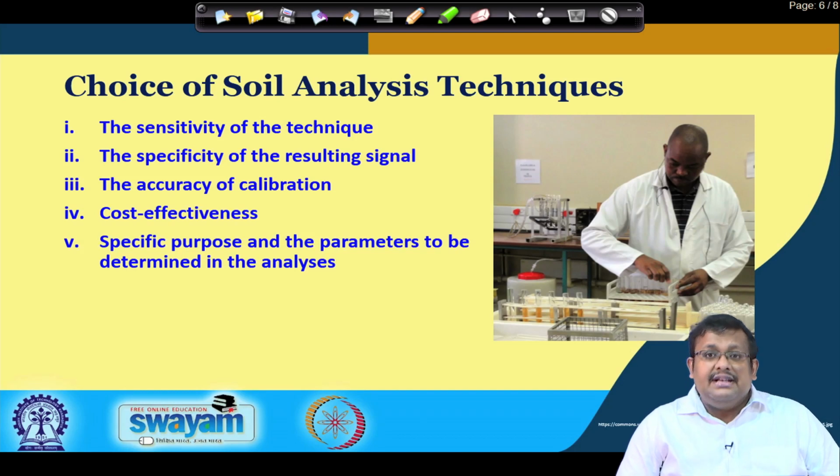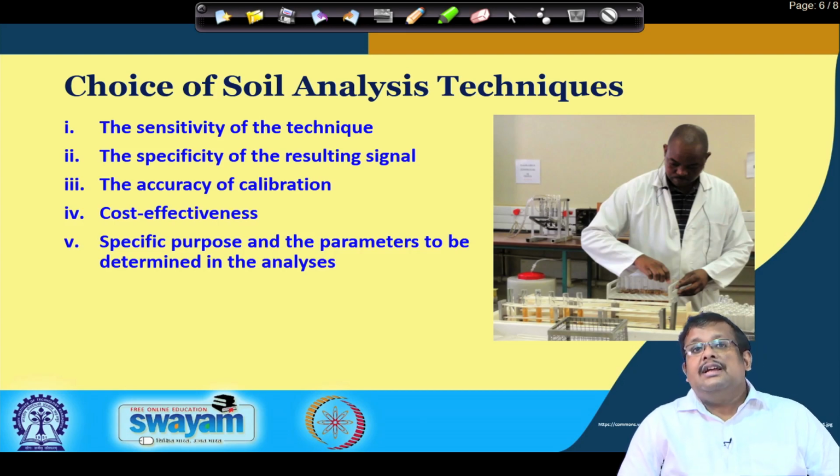So, it is basically a mix of signals from different fractions or different pollutants. So, the specificity of the resulting signal is very important, and you have to identify, okay, this is the signal which is responsible for this particular pollutant.